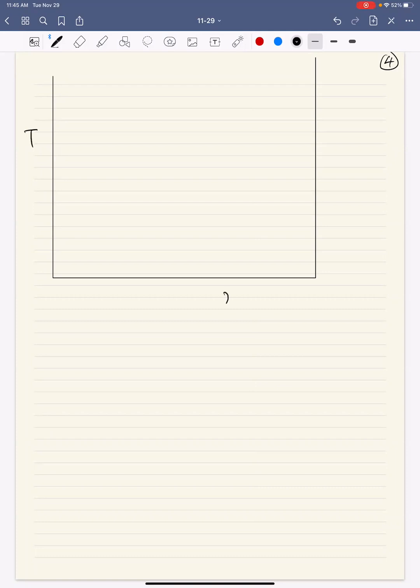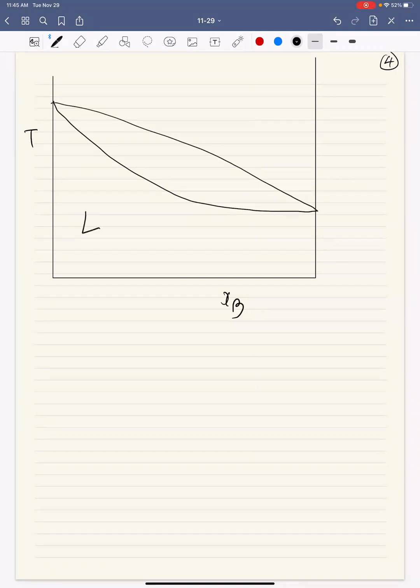So this is temperature, this is XB, and we drew a phase diagram that looks like this. All of this is liquid, all of this is vapor, all of this is liquid plus vapor. Let's imagine there is a competing solid in the whole thing. What could that be? You could imagine a very simple phase diagram that actually looks something like this.